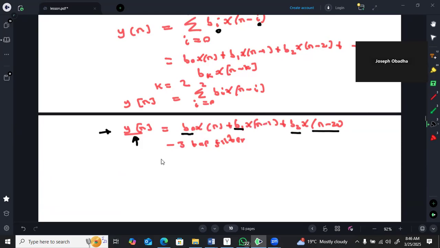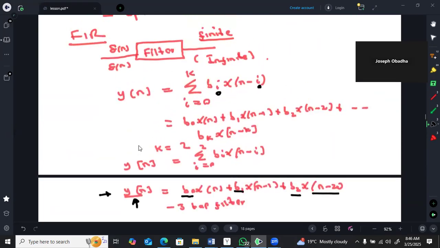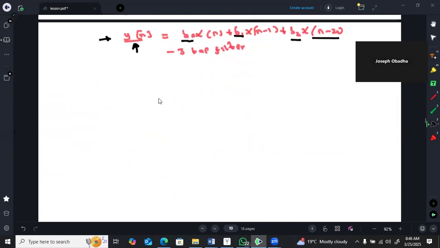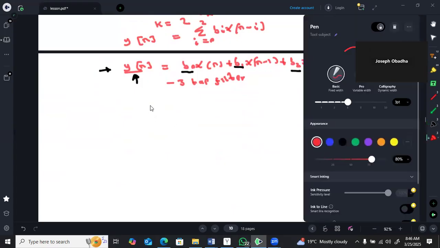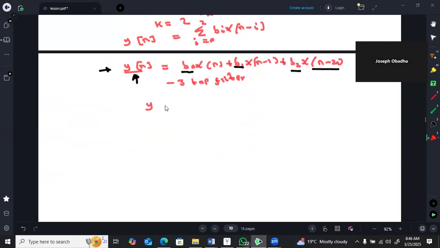And we can easily get the transfer function of such a filter. For this particular filter that we have described, y of n is equal to b0 x of n plus b1 x of n minus 1 plus b2 x of n minus 2.